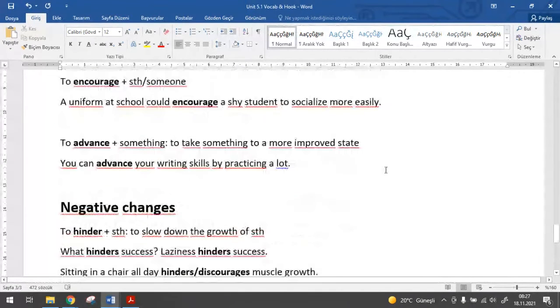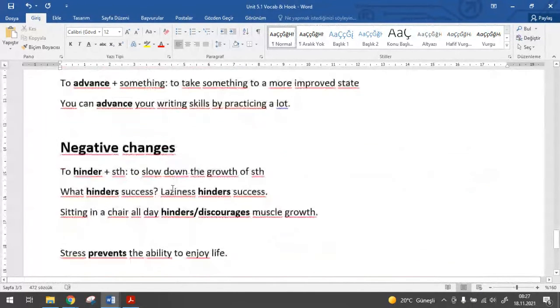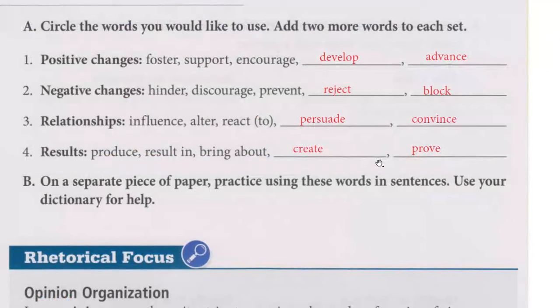So I think it is a good idea to start using some of this vocabulary in your writing, in your speaking. I'm looking at some new things here. Maybe the word alter.